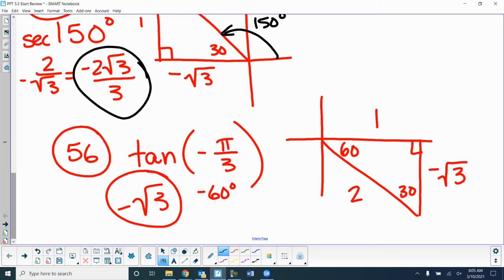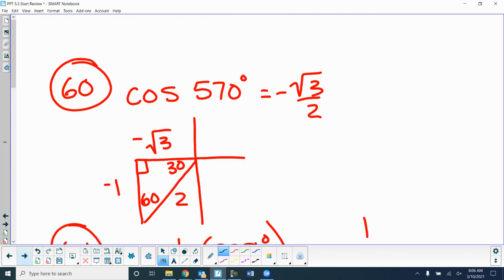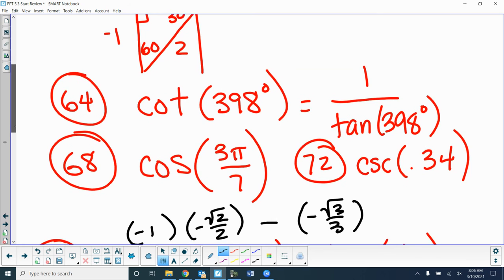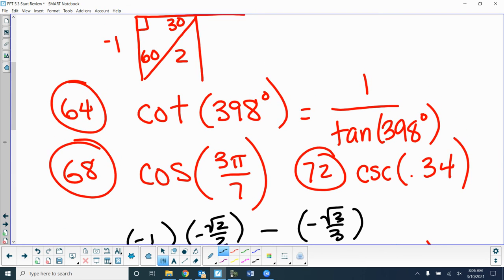Okay. For 64, you can just put it in your calculator. Now they're doing cotangent. Okay? It's on this side. Well, there's 60 done. You want to look at that. Here's 64 and 68. Cotangent, remember, is 1 over the tangent.